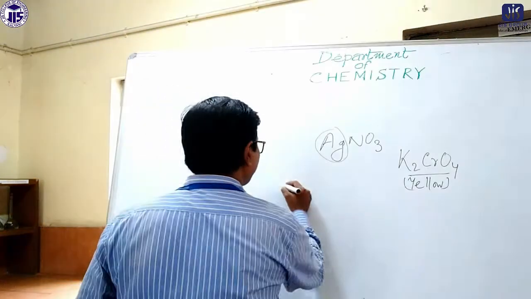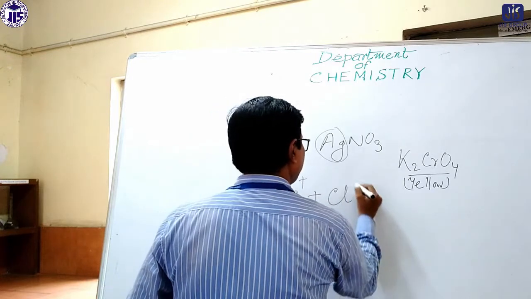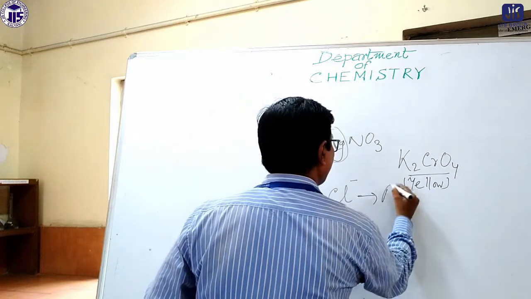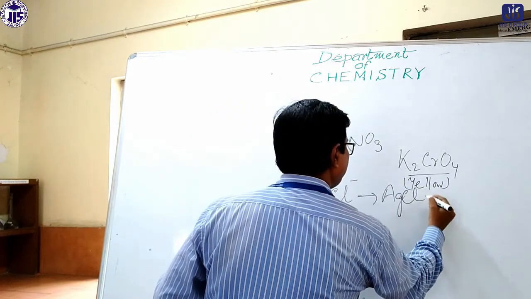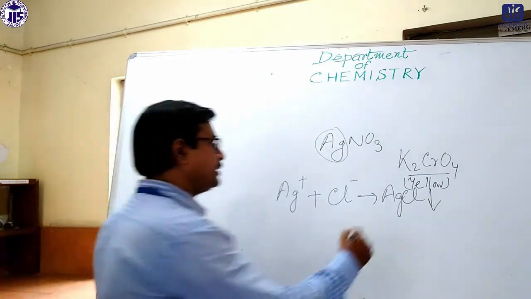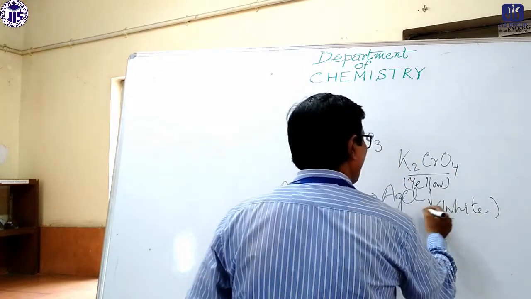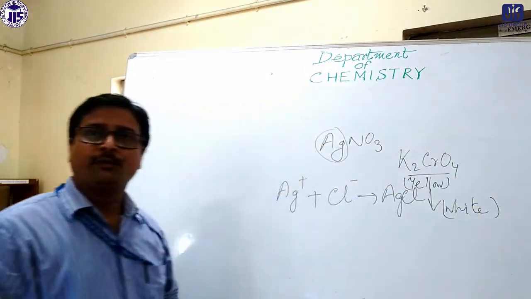So Ag+ plus Cl- forms AgCl precipitate. That is white in color. The white precipitate is precipitated out first.